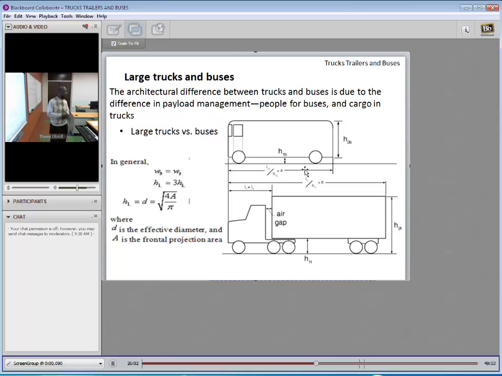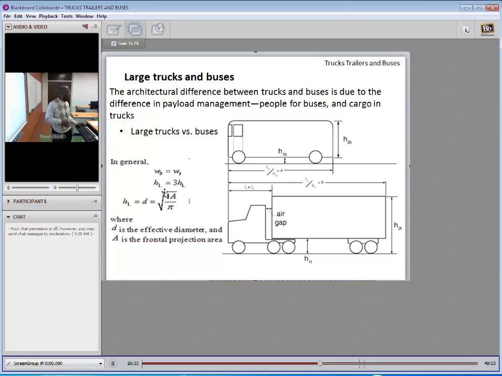Now, let's look at large trucks and buses. This is a typical bus design, and this is a typical light truck design. The point that we want to make here is that generally the width of the bus, which is more or less a straight line on each side, is about the same as the width of the truck. The width is about the same in both cases, the bus and the truck.